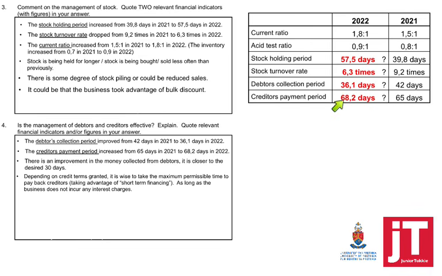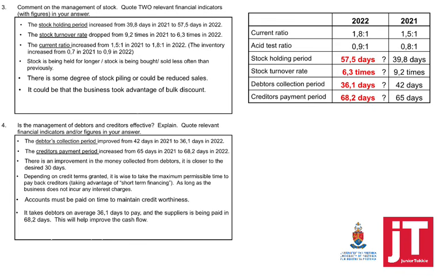We just need to make sure that 68.2 days, what is the credit terms granted to us? Because we want to take as long as possible without incurring any interest. We don't want to pay interest for paying our creditors too late. This is also important for us to keep or maintain creditworthiness, to make sure that we pay our creditors on time.